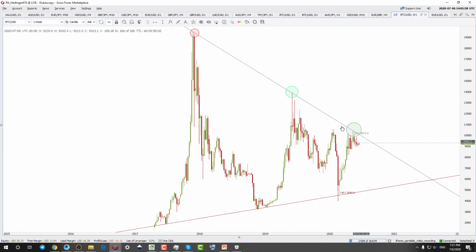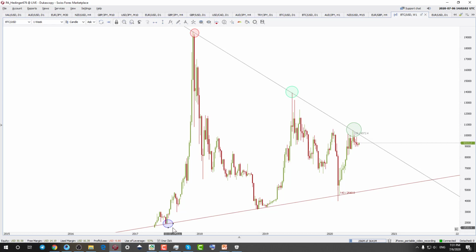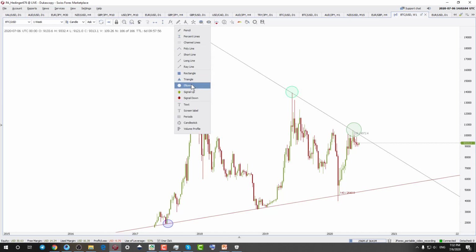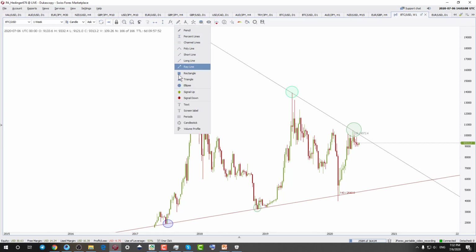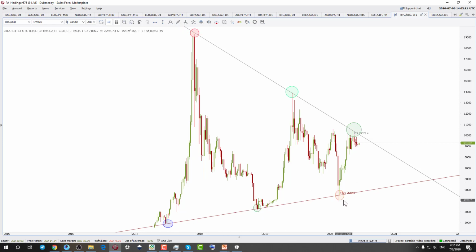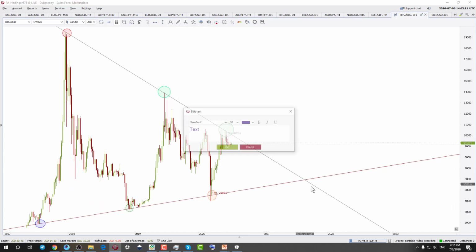The price also made a low here, then a higher low here, and then another higher low here. When we join these lows, we get an uptrending line like this, and when we extend them, they meet here. So this is now our apex. It's a very easy thing.